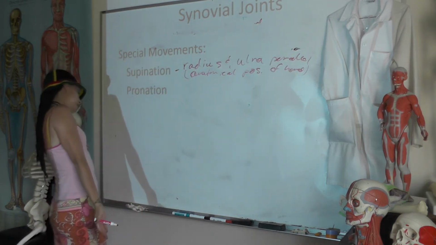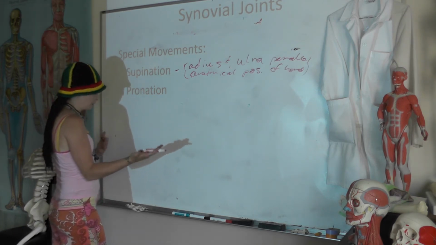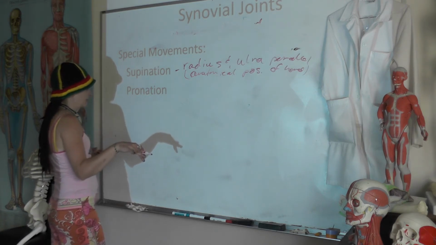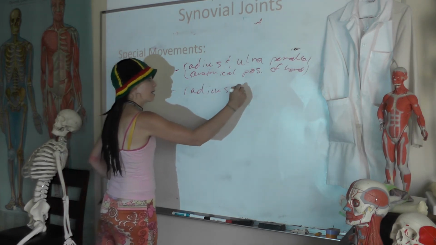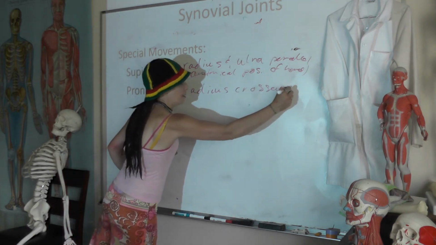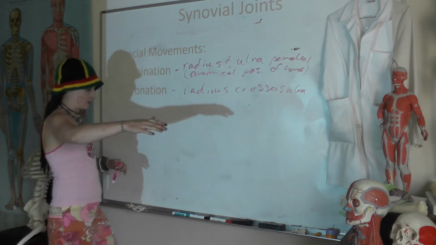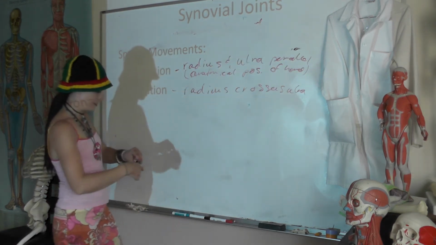Not if you're in anatomical position, but if you flex your forearm, then you can hold a cup of soup with a supinated hand. In a pronated hand, you flip your radius over the ulna, so radius crosses ulna. Now I'm pronated. I can always tell where my radius is by where my thumb is. Radius goes with the thumb.